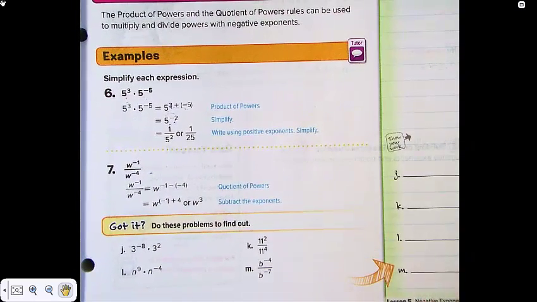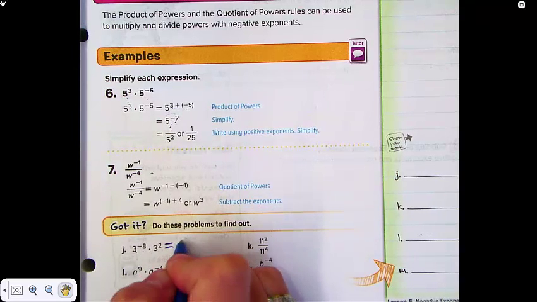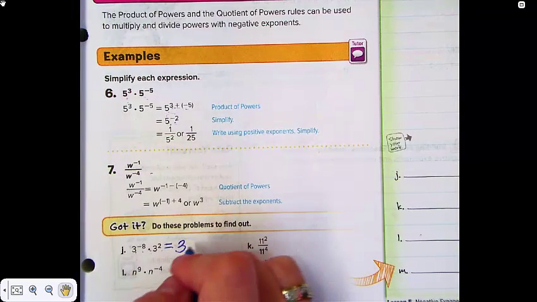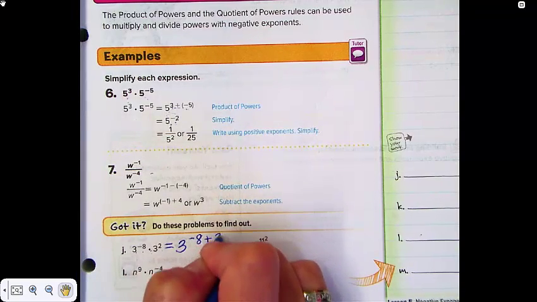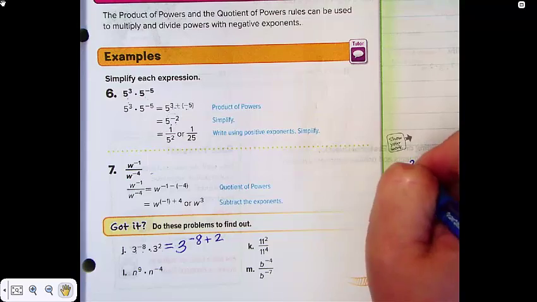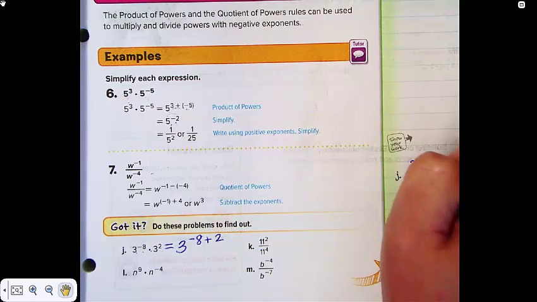Let's do letter J. I have 3 to the negative 8th times 3 to the squared. So I'm going to have a common base of 3. Because I'm multiplying, I add the exponents. A negative 8 and a positive 2 give me a 3 to the negative 6th. I don't want to leave it in that form.